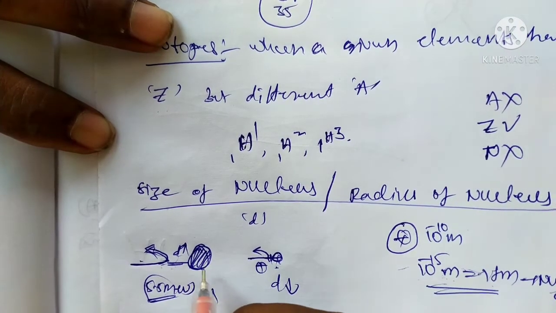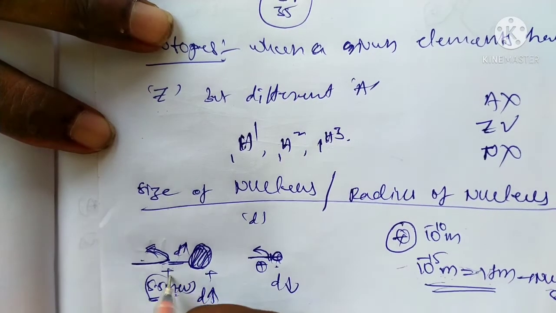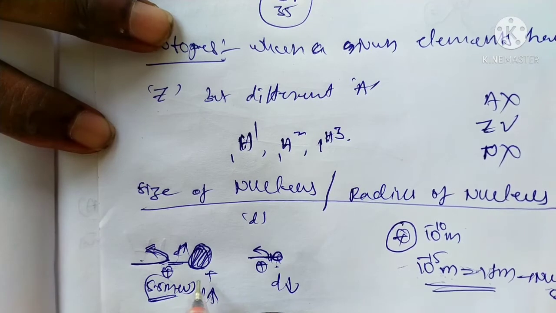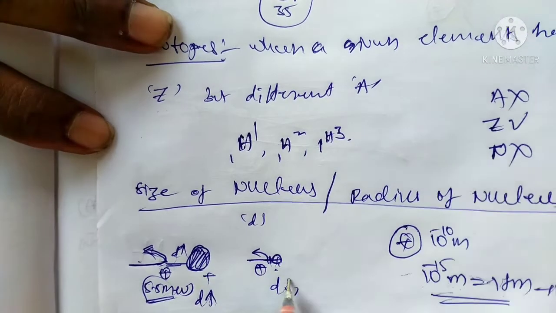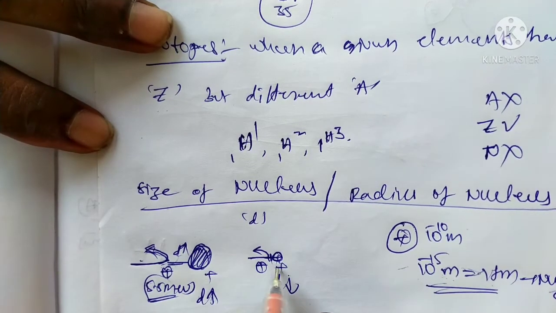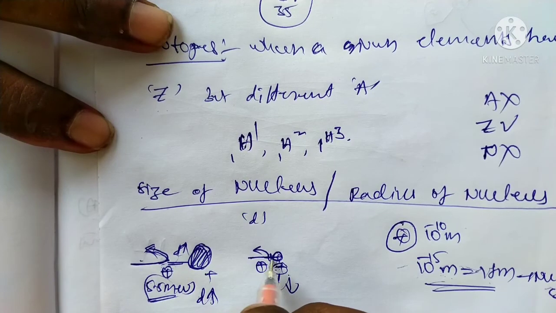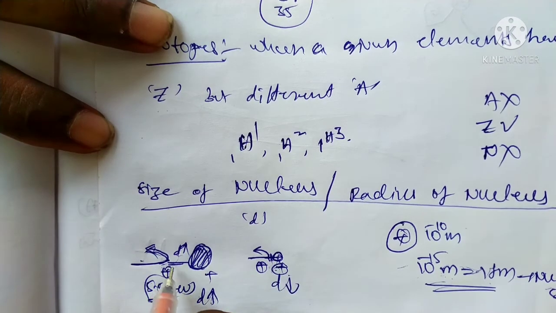The closest approach depends upon the size of the nucleus. Here is positive charge and here positive charge, so there will be repulsion. The small nucleus has small positive charge, so the repulsion force between them is small, that's why it comes nearest to the center of the nucleus.